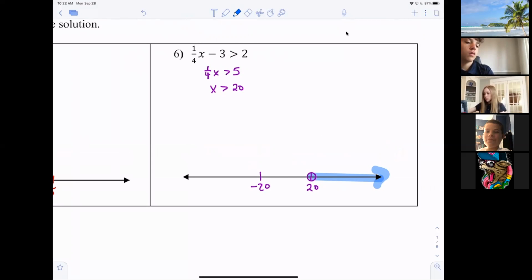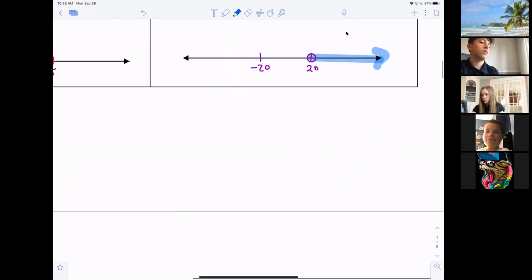You're asking me why they do that? Oh, there's lots of times where you want to be greater than a number, and there's sometimes where you want to be greater than or equal to that. You with me? All right, there's lots of word problems involved in this. We're going to get to them.